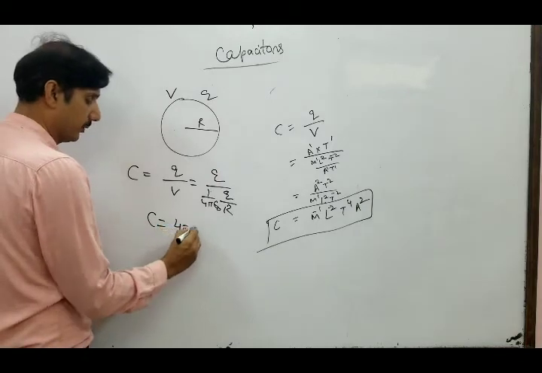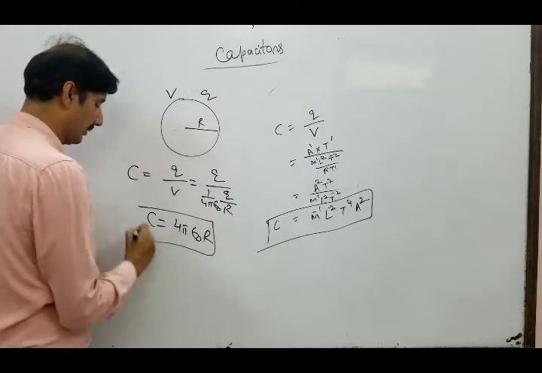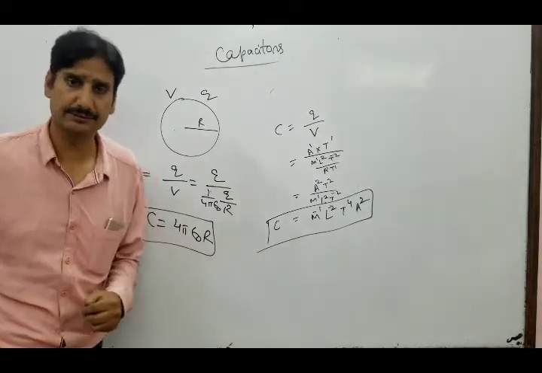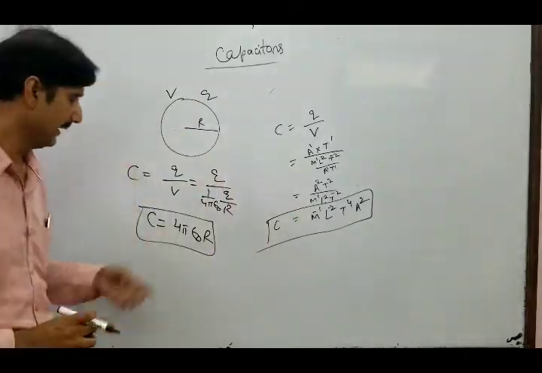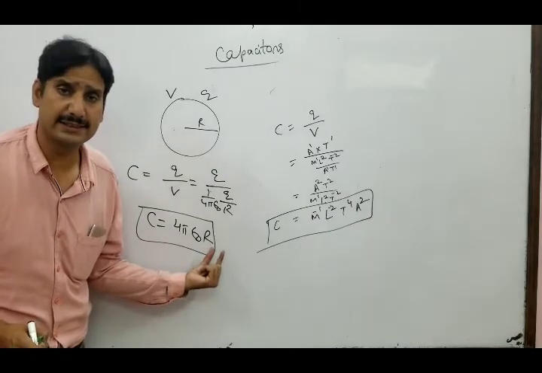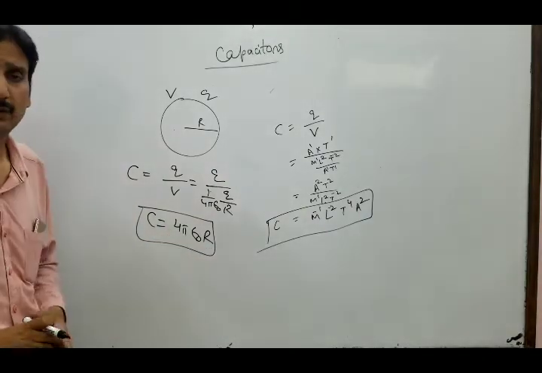The capacitance would turn out to be 4 pi epsilon naught R for a spherical conductor. So for a spherical conductor, its capacity is purely dependent upon its radius, and 4 pi epsilon naught is constant.